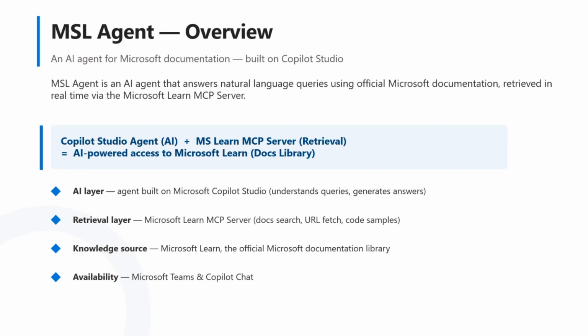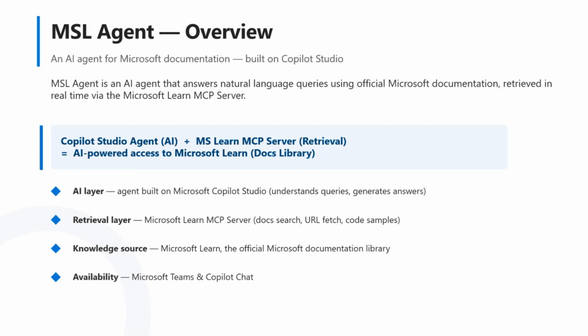The second component, we have the retrieval layer, which is the Microsoft Learn MCP server. Whenever MSL agent needs Microsoft-related information, it sends the request to the server. The MCP server retrieves the relevant document, reference URL, and code samples from Microsoft Learn and sends them back to the agent.